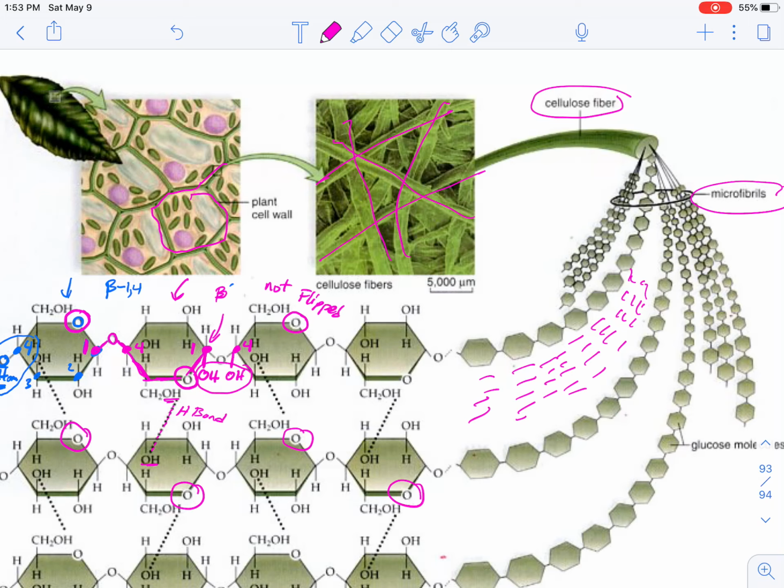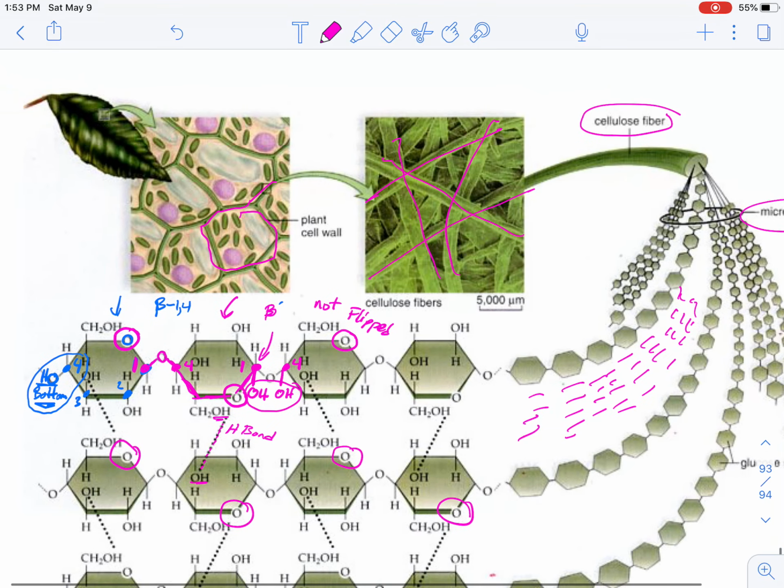Okay, that will enable the cell to keep its shape. And so overall, if your plant cells are plump, in other words, they have enough water, it's going to form a very rigid structure.